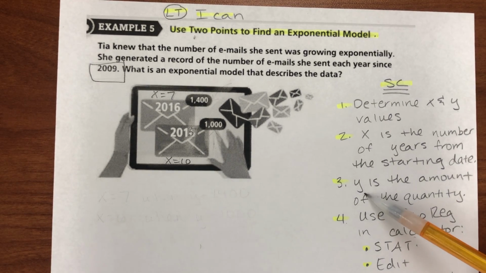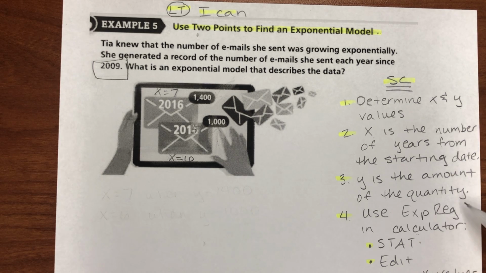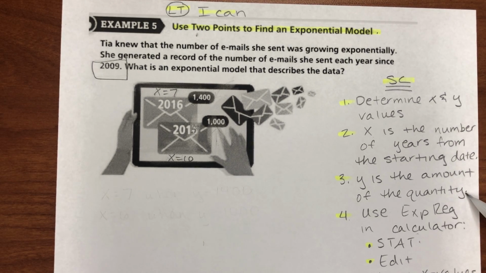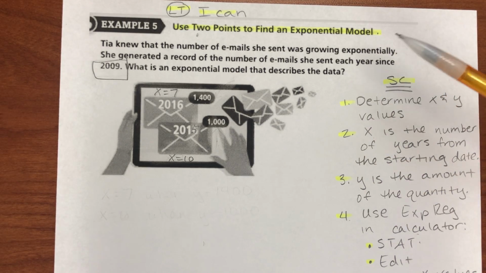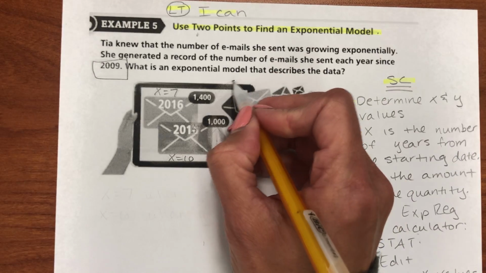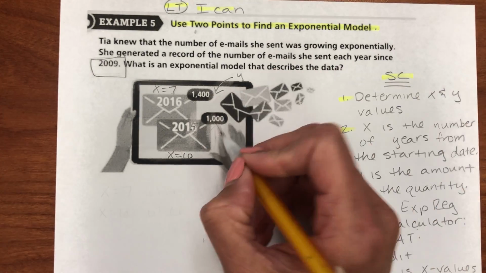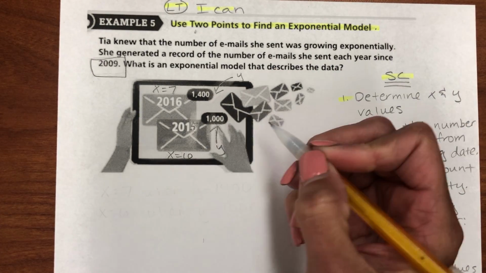All right, now we're going to find y. So y is the amount of the quantity. The quantity we're looking at in this particular problem is the emails. So my y values are going to be the number of emails.